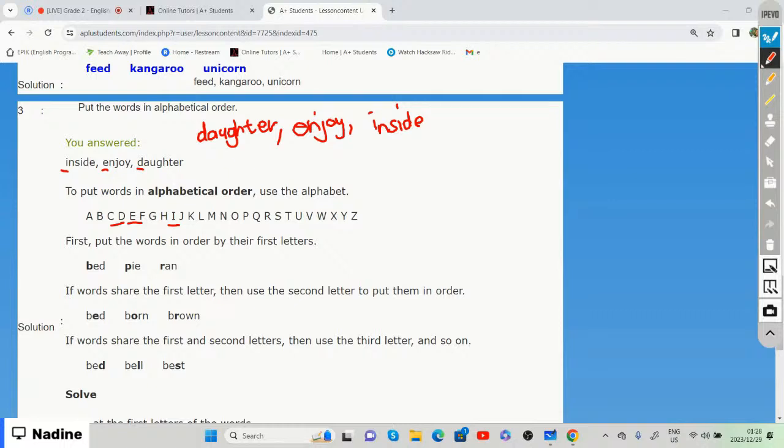So basically, in order for us to put it in alphabetical order, we used our alphabet.